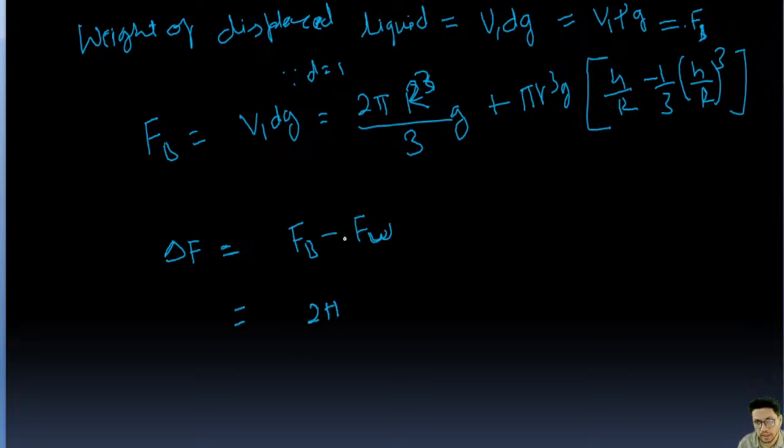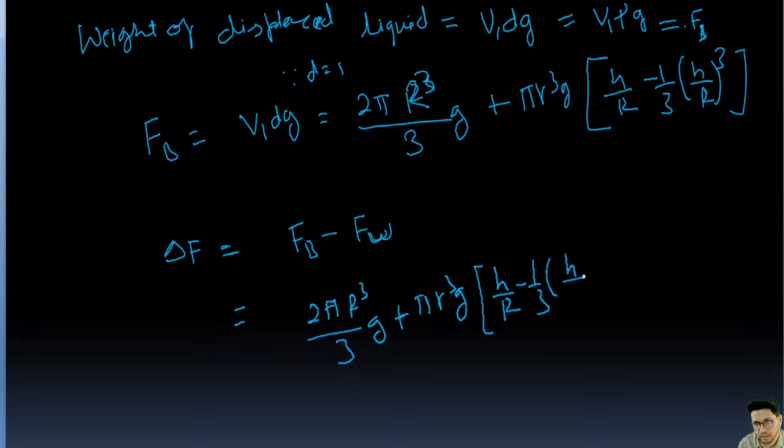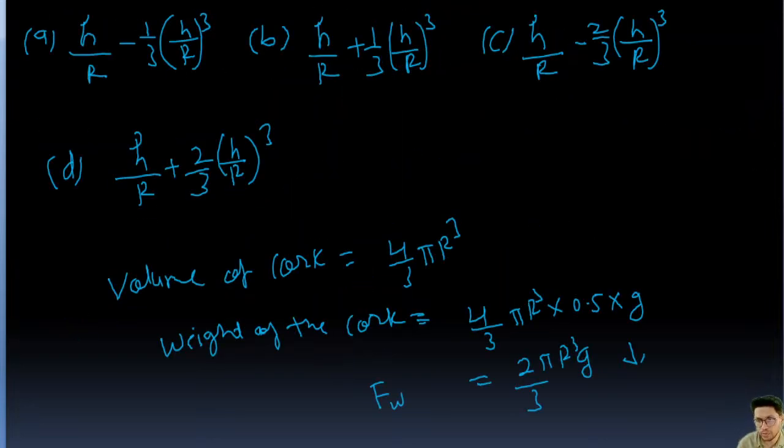Now what we will do is subtract: 2πr³/3 g plus πr³ g times (h/r minus 1/3 (h/r)³), minus this Fw. The value of Fw is 2πr³ g by 3.